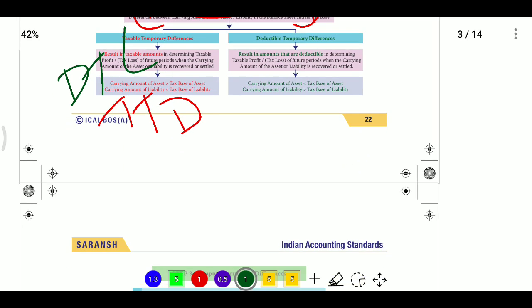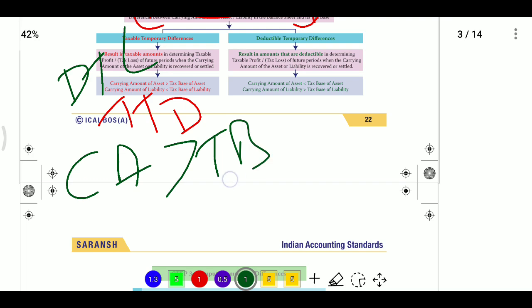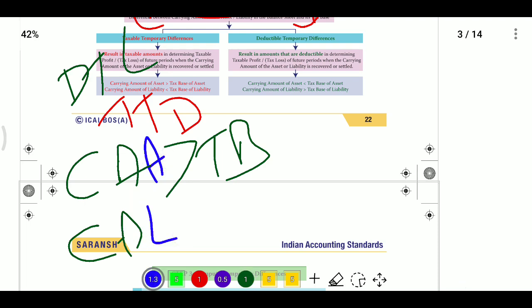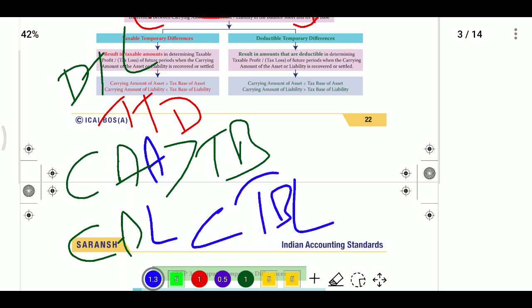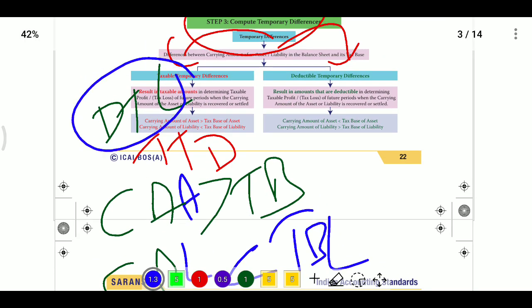Here, if the carrying amount of an asset is greater than its tax base, or the carrying amount of a liability is less than the tax base of the liability, then we will create the DTL.